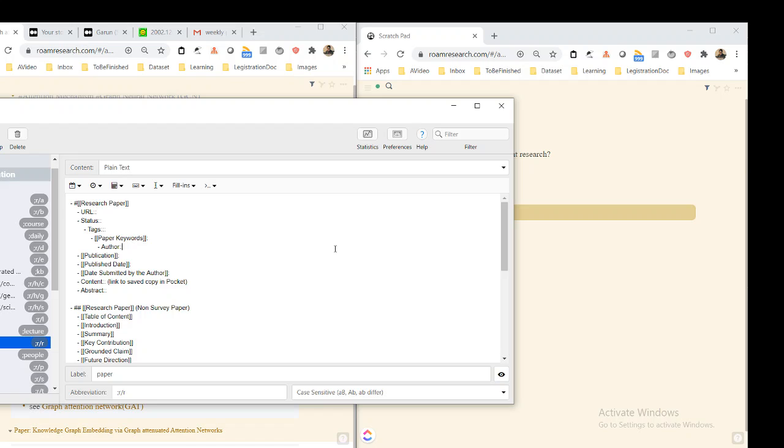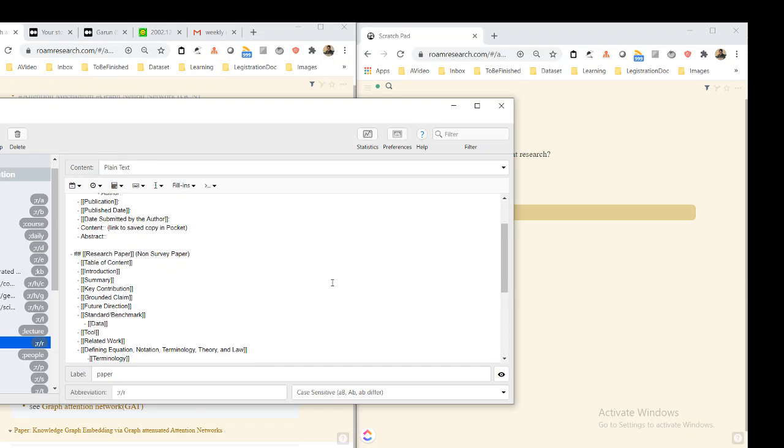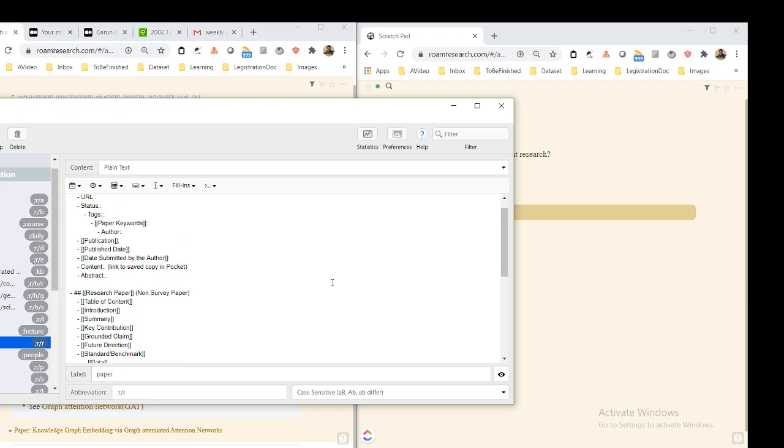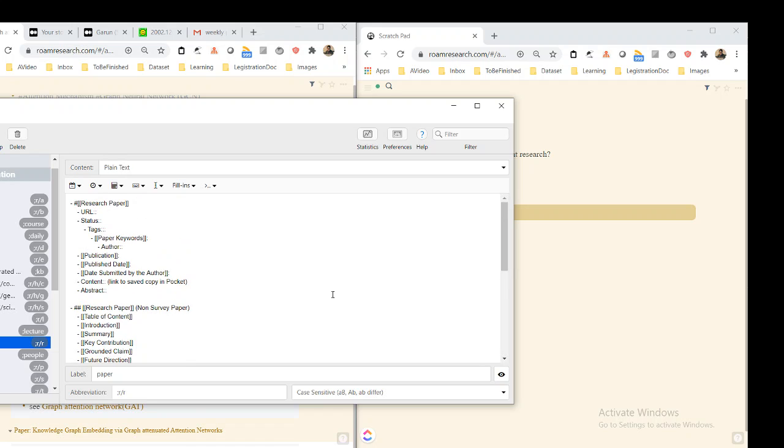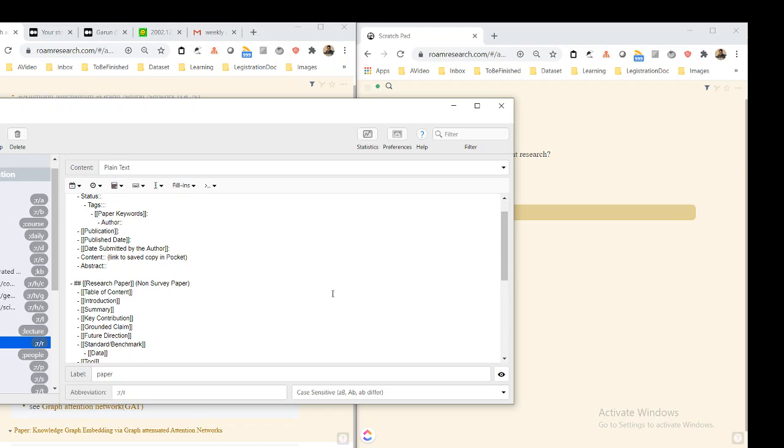By the way, these concept or syntax ideas can be found in the Roam Research itself, except the demonstration, which you have to watch on YouTube.